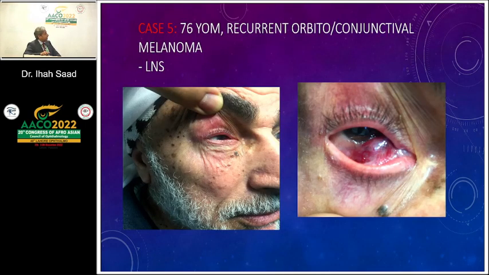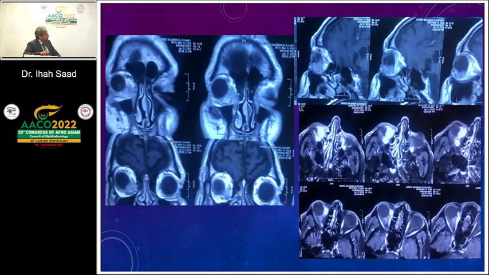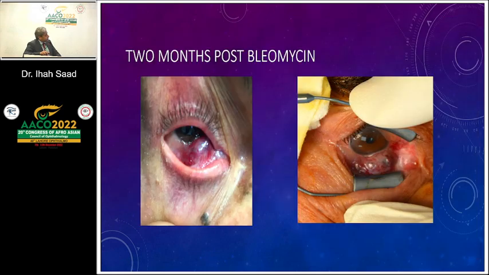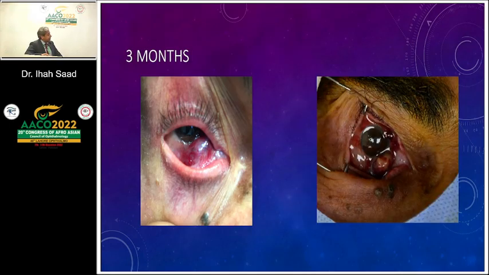Another gentleman, elderly, coming with recurrent melanoma in the conjunctiva and the eyelid. The tumor extended into the orbit on an MRI scan, as you can see. And the decision here was to inject bleomycin. Bleomycin is a very cheap antibiotic that we use less frequently as an antibiotic, but it's used as a sclerosing agent and is being used increasingly in melanomas.